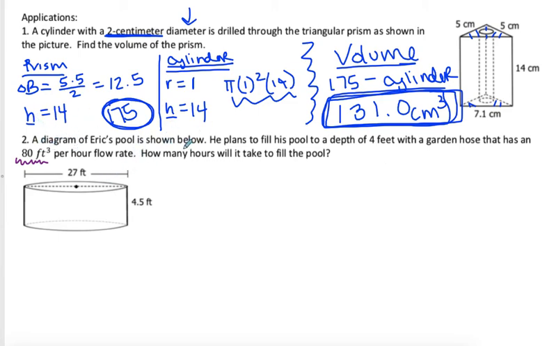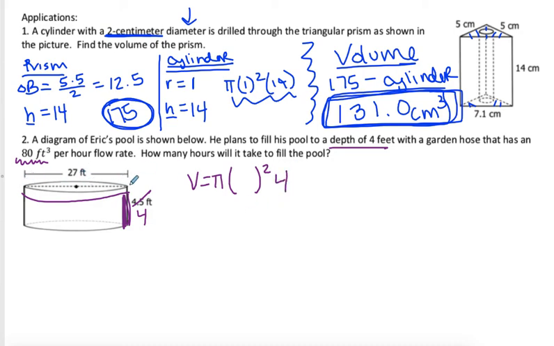All right, so he plans to fill this pool to a depth of 4 feet. It is 4.5 feet tall, but we're only going to fill it up to 4 feet total. So when we're trying to find the volume here, we're going to do pi radius squared times a depth of 4.